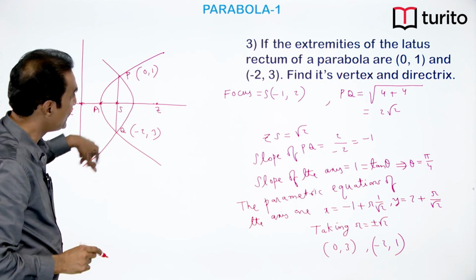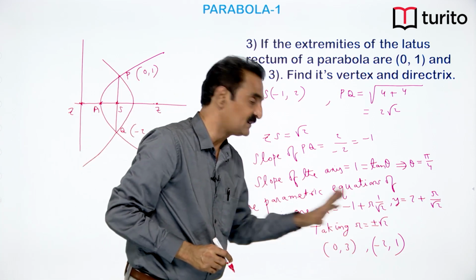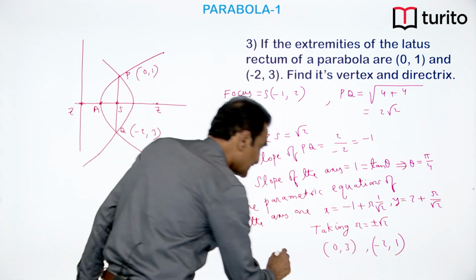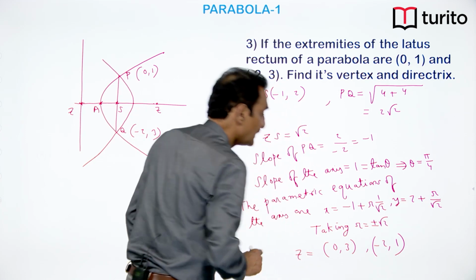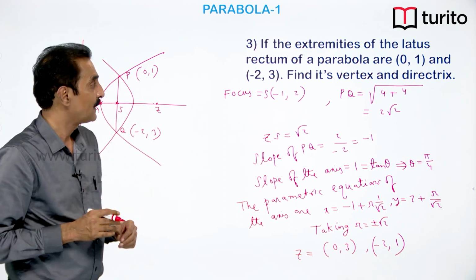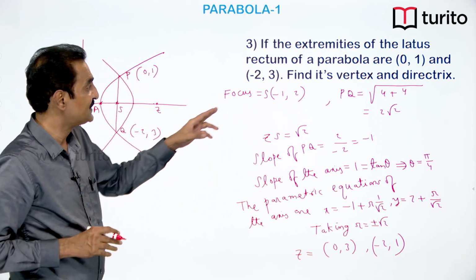This is also satisfying all the conditions. So, Z may be this or this, but focus is same. So, this is Z. So, you are going to get two equations and two parabolas exist.